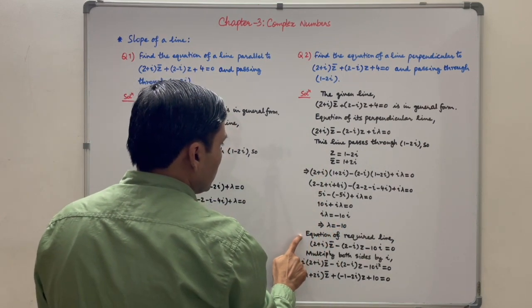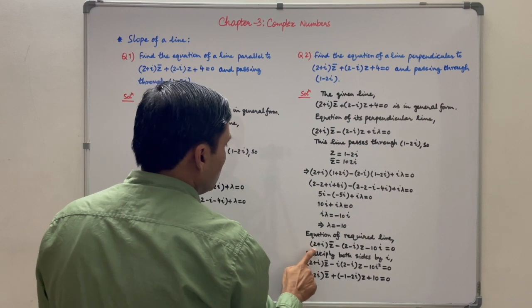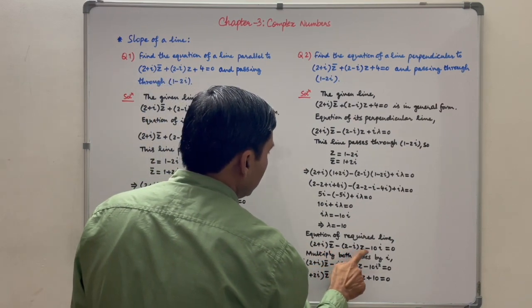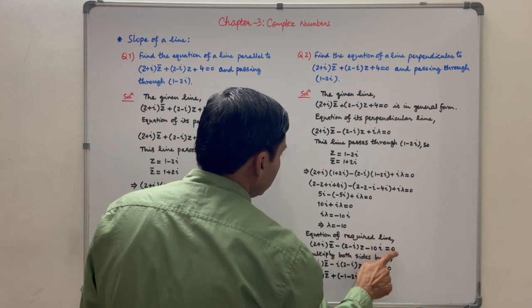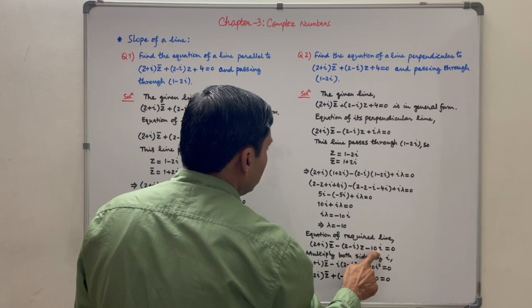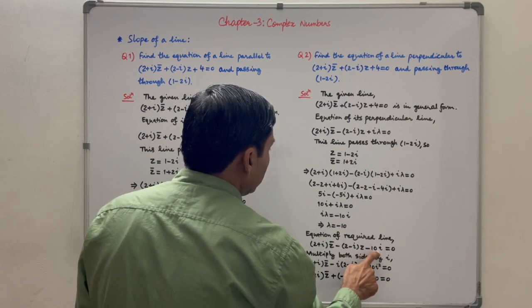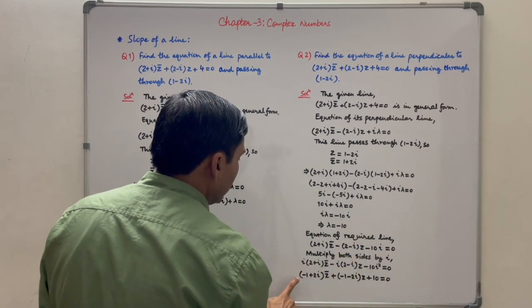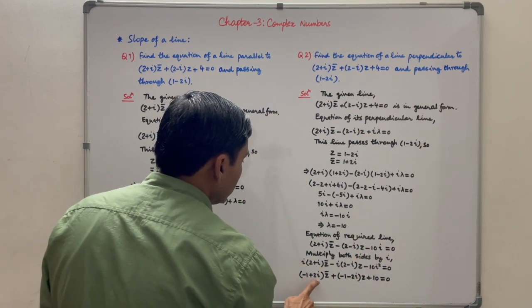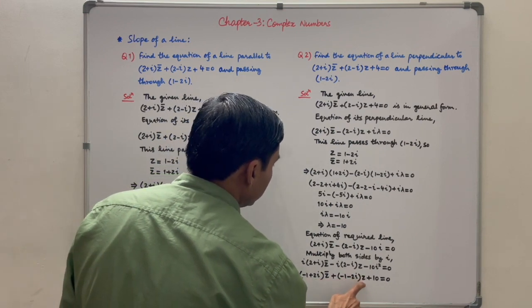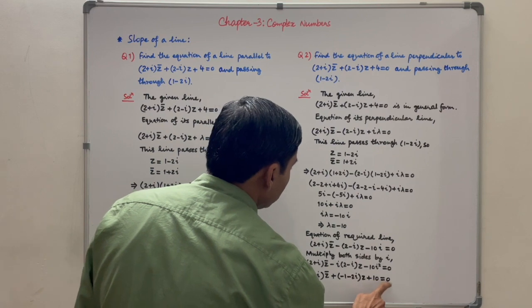So the equation of required line will be (2 plus i) z bar minus (2 minus i) z minus 10i is equal to 0. This part should be purely real, but it is purely imaginary. To make it purely real, we will multiply both sides of the equation with i to get the line as (minus 1 plus 2i) z bar plus (minus 1 minus 2i) z plus 10 is equal to 0.